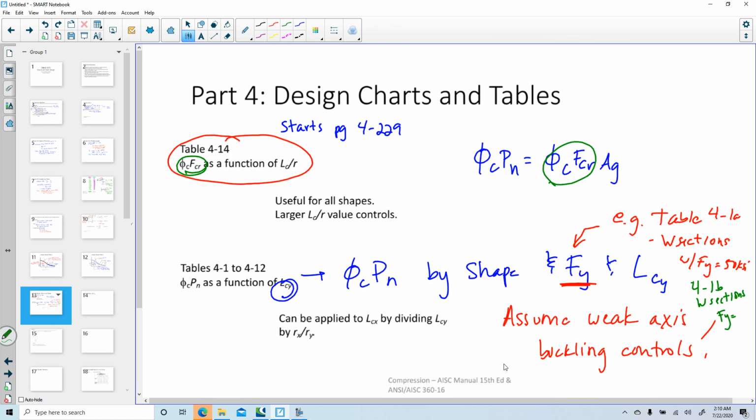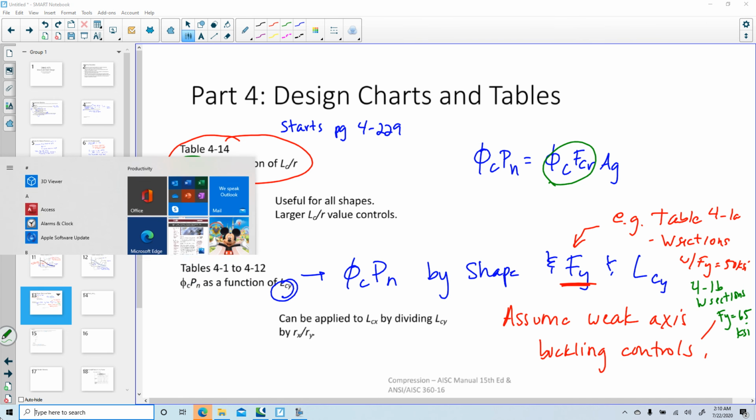Yeah, and then 4-1C. So make sure you're in the right table. If I say A992, that's an FY of 50, go to table 4-1A.